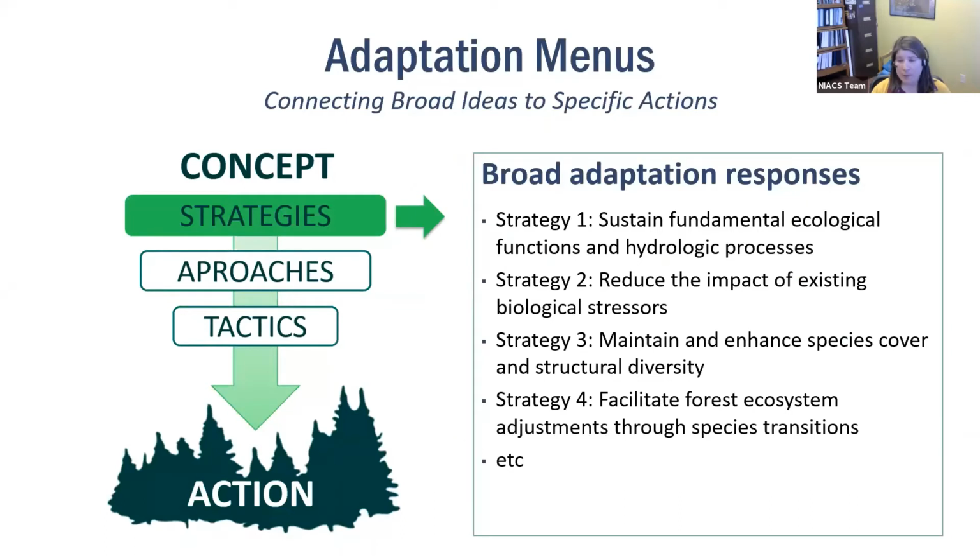For example, from the forested watersheds menu, we can select a strategy such as strategy 1, sustain fundamental ecological functions and hydrologic processes, because this strategy would make sense for our goals, presumably.